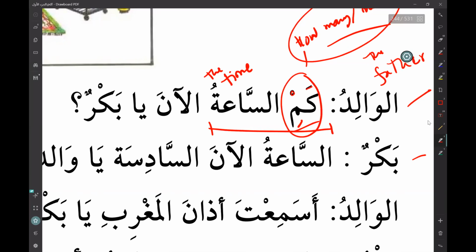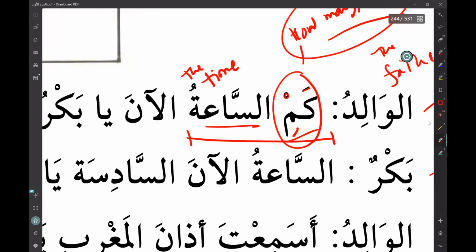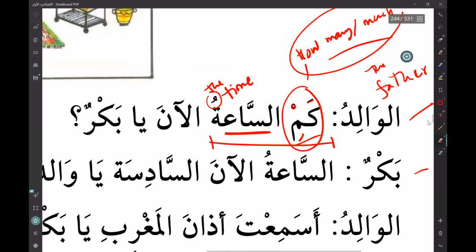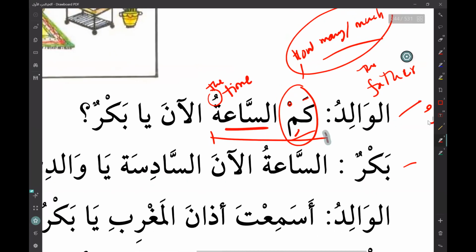Because this is not the same usage of kam, you don't even have the proper way kam works. Remember last time we said after kam you have a mansub, you have a fatha. None of these things are working here. Just learn this expression without going too much into details. If you want to ask what time is it, you say kam as-sa'a. Very simple. Just learn it.